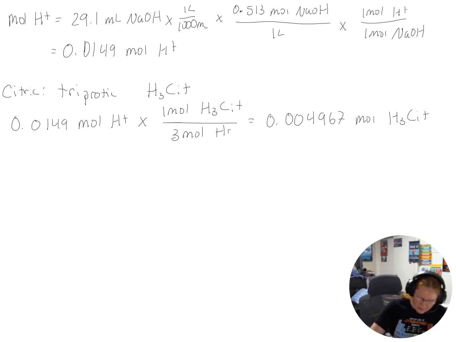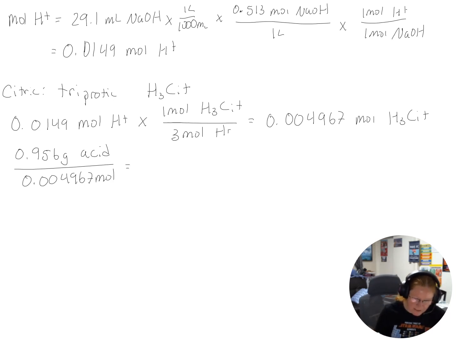So we can take our 0.956 grams of our acid over our 0.004967 moles of our citric acid, and we get 192.483 grams per mole.